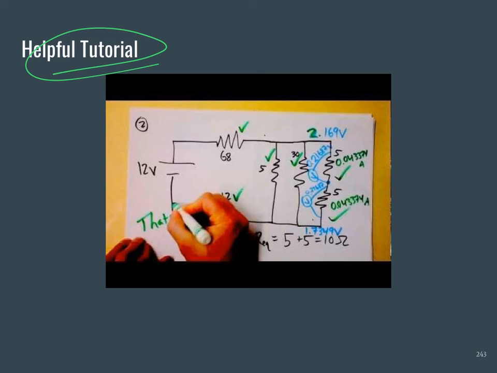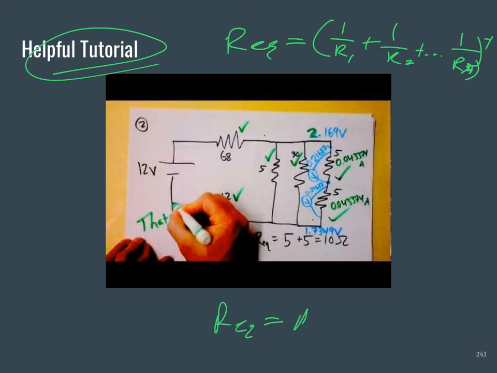But all we're doing is we're using the concept of equivalent resistance, either being in parallel of 1 over R1 plus 1 over R2 plus, plus 1 over Rn, oops, that's supposed to be an N, to the inverse power. Or in series, where Req equals R1 plus R2 plus, plus Rn.